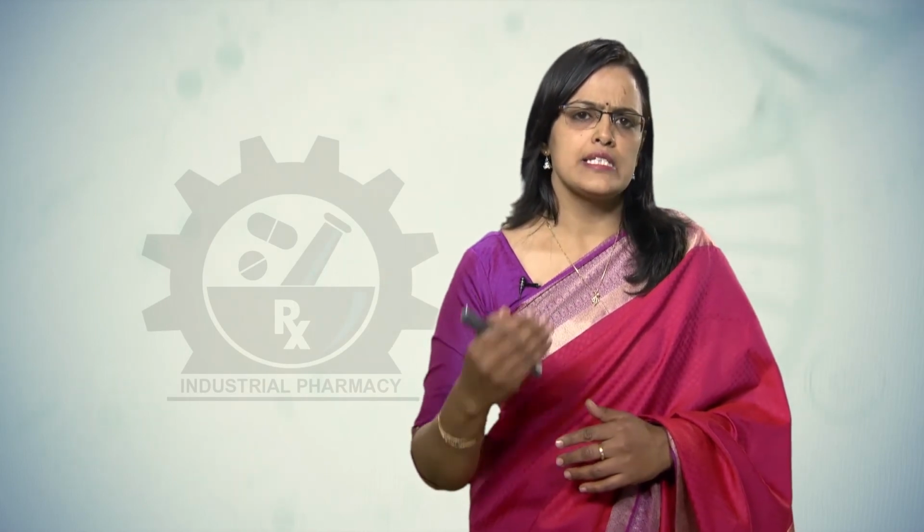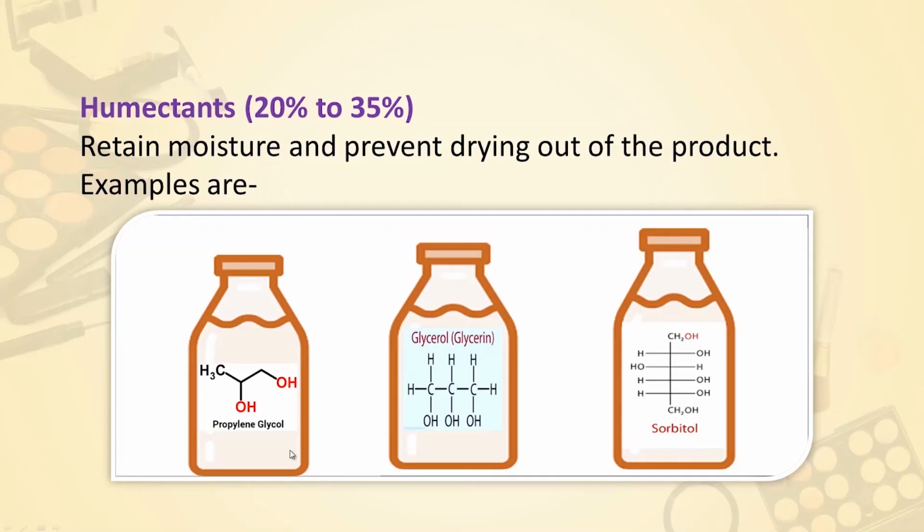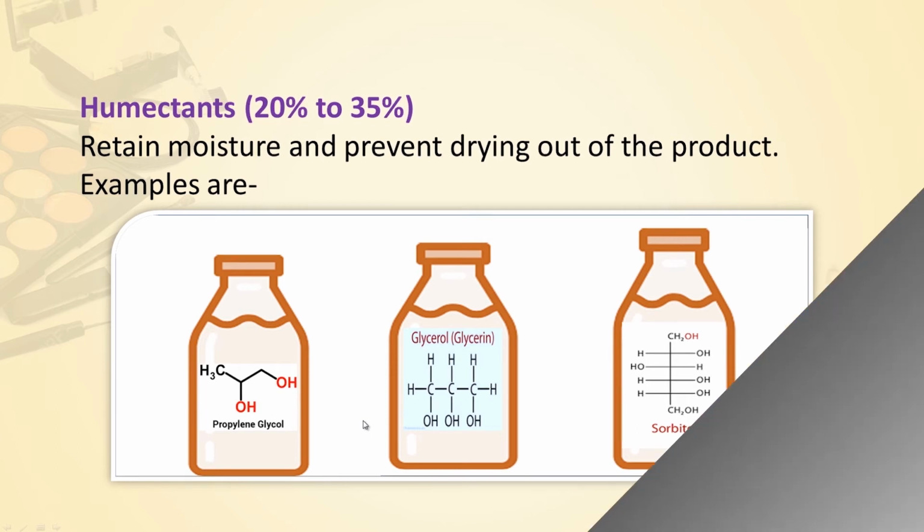A lesser amount of humectant is used in substances with lower specific gravity. Commonly used humectants are glycerin, sorbitol and polypropylene glycol, and glycerin is the most widely used humectant in the formulation of toothpaste.